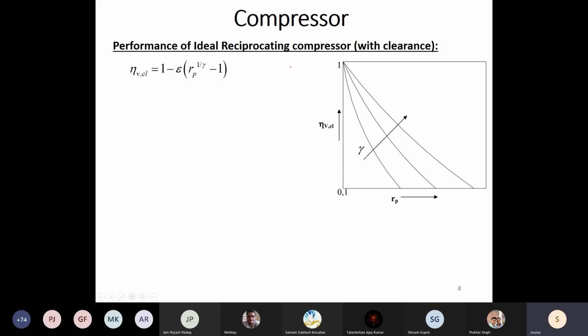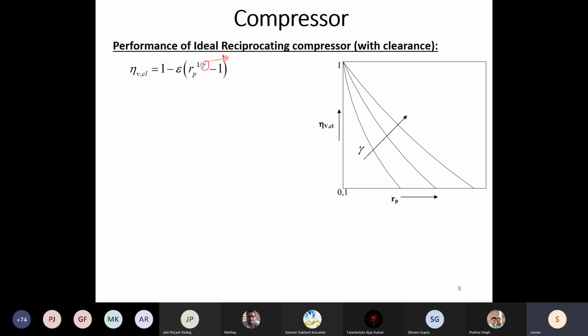Now, the beauty of writing that previous expression is that we can generate some plots from which we can make important deductions. What will happen if I increase the pressure ratio? Or what will happen if the gamma changes? Gamma changing means changing the refrigerant. I use one refrigerant, then I use another refrigerant in the same compressor.